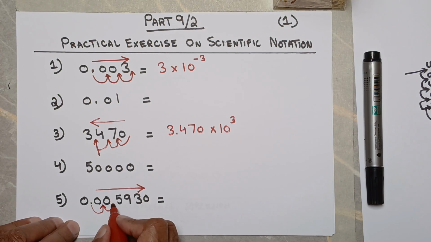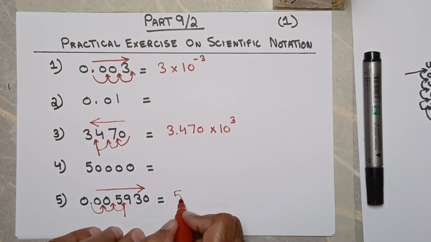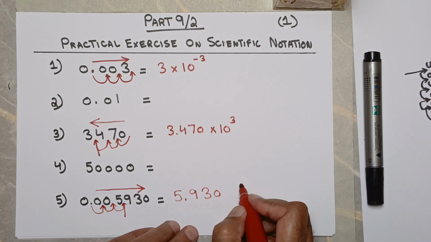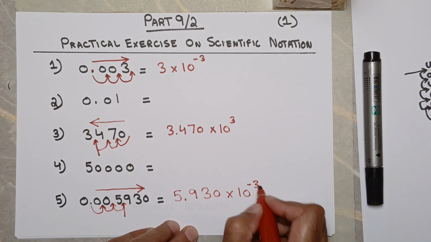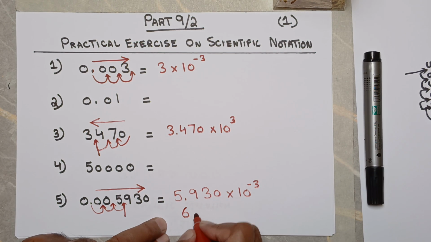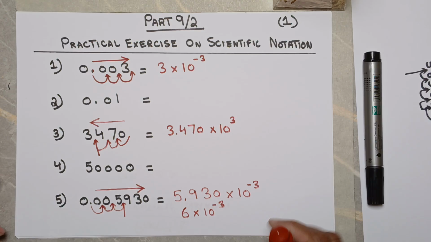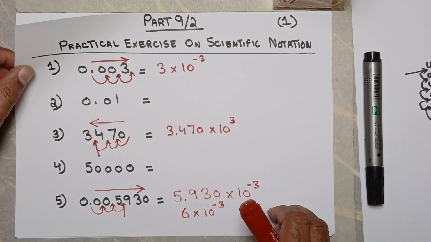My first place, my second place, and my third and last place. Now I am going to write it as 5.930 multiplied by 10 raised to the power minus 3. But you can also round 5.9 and say 6 multiplied by 10 raised to the power minus 3. So this is question number 5.